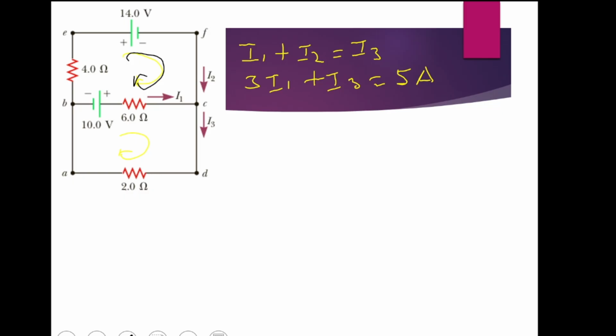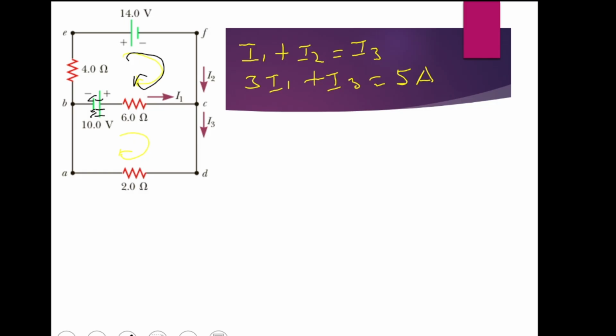All right, so from this loop, let's move. On this battery, we are moving along the electric field of the battery. So the energy will be dropped here because we are moving along the battery, as I said. If we move from the positive terminal to the negative terminal, the electric field in the battery is from positive to negative.